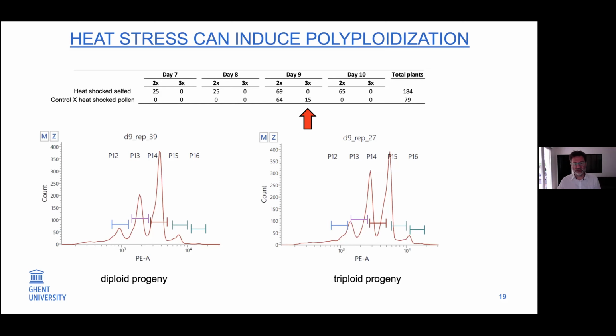And what we see is that when pollen are derived from a flower that has been harvested 9 days after the heat stress, we get a reasonable proportion of plants that are triploid, compared to what we normally get, which is never any triploid. So this shows that high temperature can cause plants to produce fertile diploid pollen. And this may have been one mechanism by which plants have acquired polyploidization.